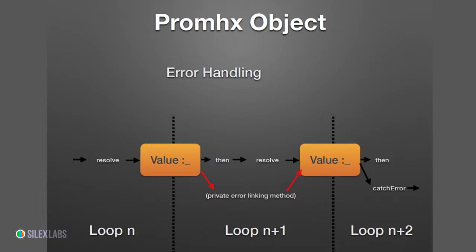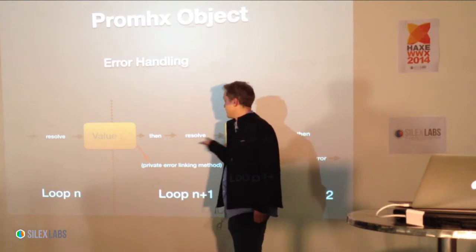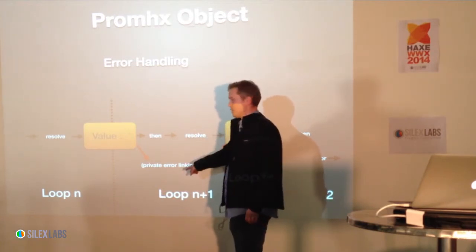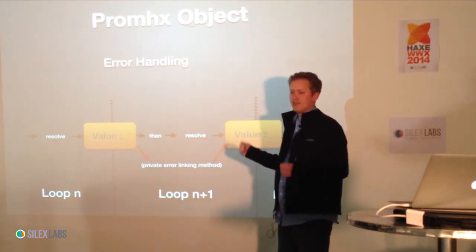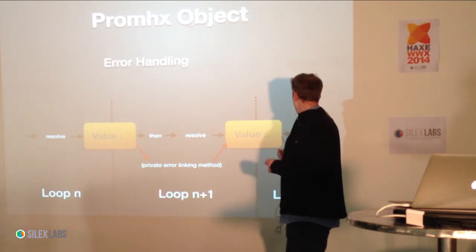Here I'm just going to talk about what this looks like visually. What's going on is that there's this bypass that happens between the two values, and it no longer goes to the conventional then and resolve step. Now it's going through a private link that exists between these two objects.